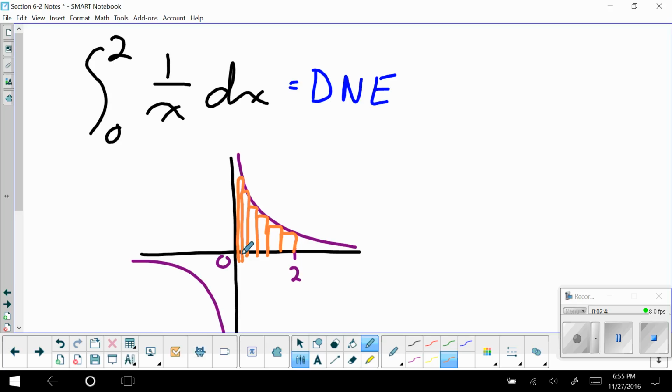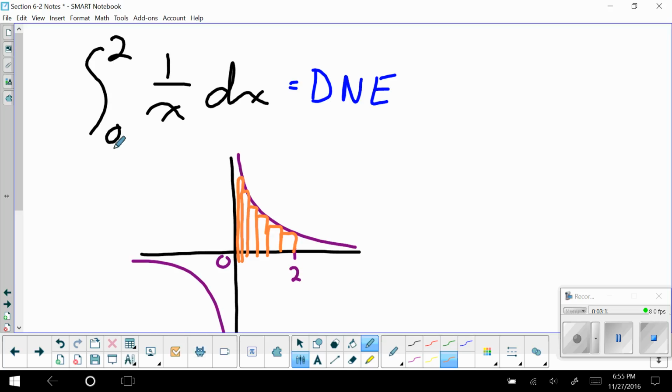But because with RAM, ideally we're going to infinitely thin rectangles so we could get an infinite number of them, how tall would my last rectangle be? Well, because the height is going off to infinity, I can't actually find the height of that rectangle. So I can't find its area, and I can't add those areas up, so the integral would not exist then.